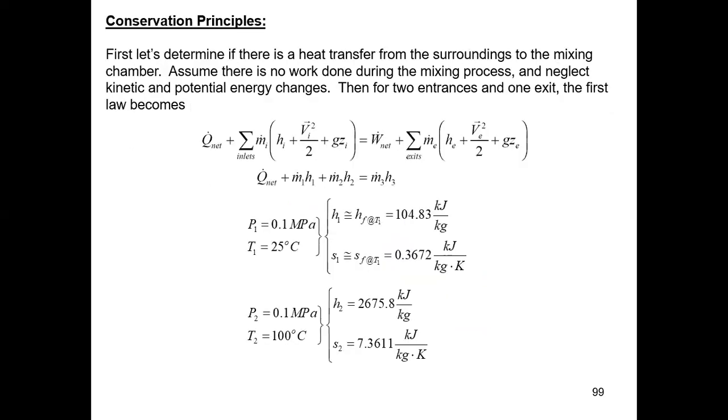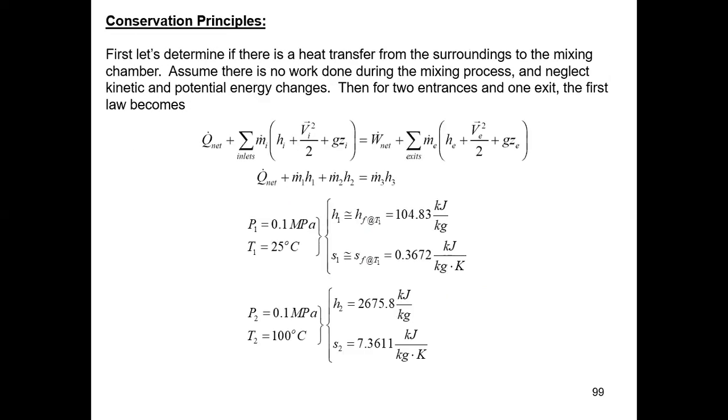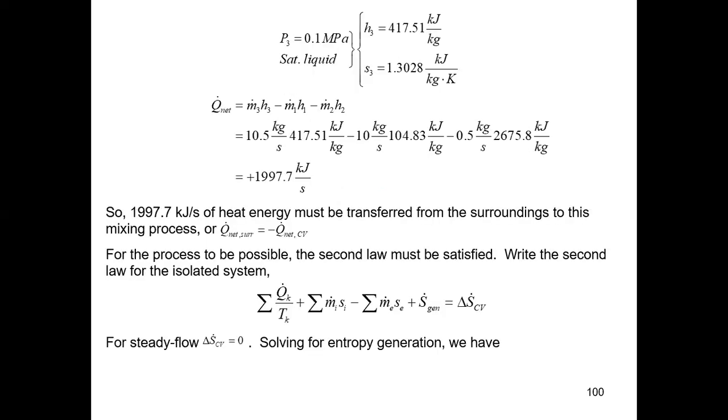So basically you draw the process diagram, and then you do an energy balance and apply the first law, and show that Q dot net must be transferred from the surroundings to the device for the process to be possible.